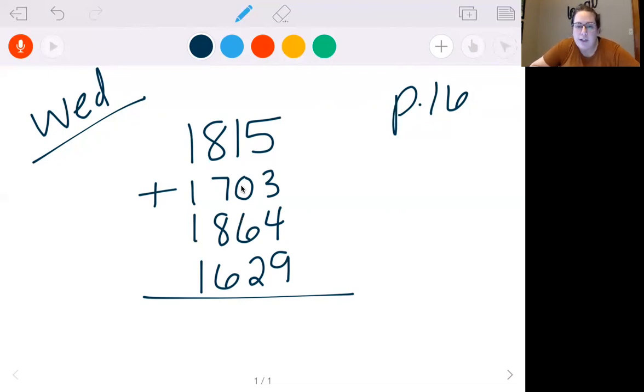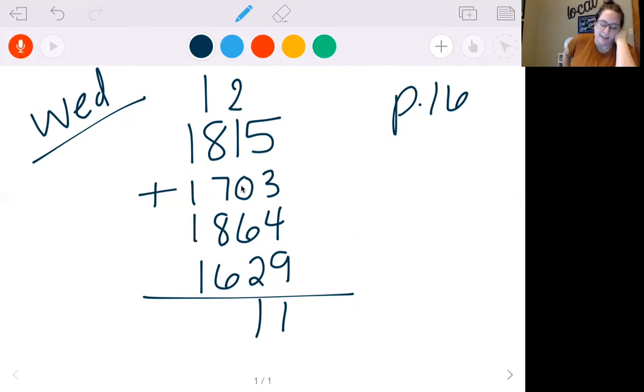So the first thing we do is add. A quick way to do it is to know that 5 plus 4 is 9. 9 plus 9 is 18. And then 18 plus 3 is 21. So I'm going to put my 1, carry my 2. 2 plus 1 is 3. 3 plus 6 is 9. 9 plus 2 is 11. Put your 1 and carry your 1. 8 plus 8 is 16.